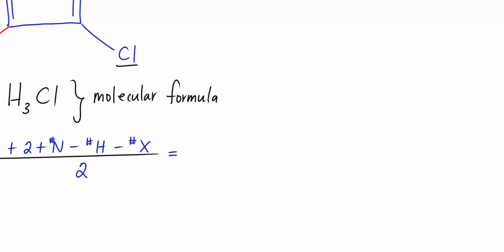So we can simply plug in that formula. We have 2 times 4 carbons plus 2. So that's essentially telling us the number of hydrogens that we should have. We don't have any nitrogen, so I don't have any term for that. I can subtract off the 3 hydrogens that I have and subtract off the 1 halogen and divide all of that by 2.